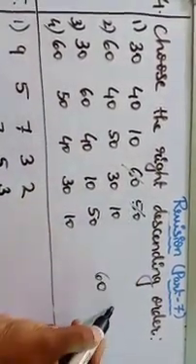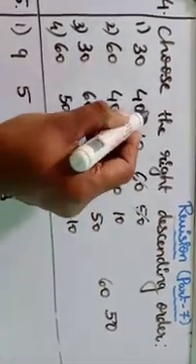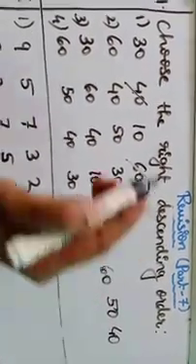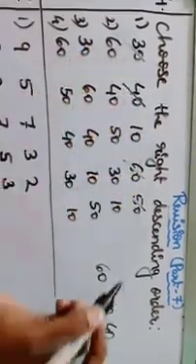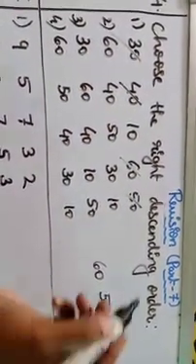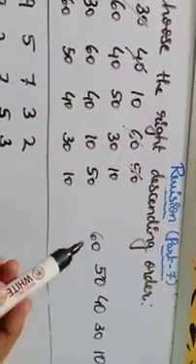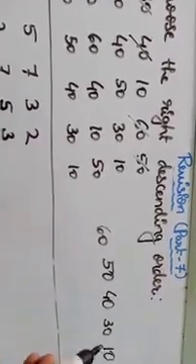Cross it and write here 50. The next one is 40. Yes, write here 40. And the remaining are 30, 10. Yes, 30. That means we write 30 here. And the remaining last number is 10. That means our answer is 60, 50, 40, 30, 10.